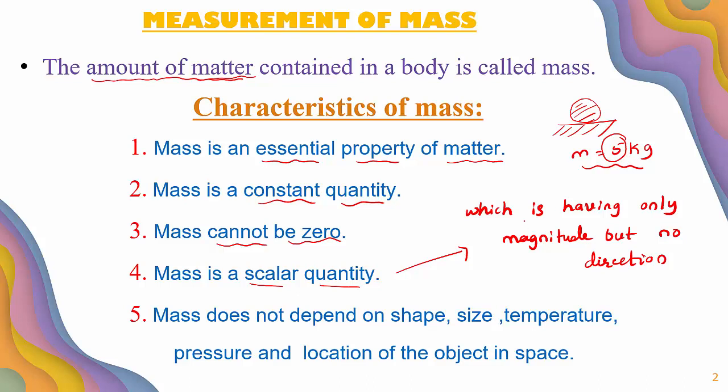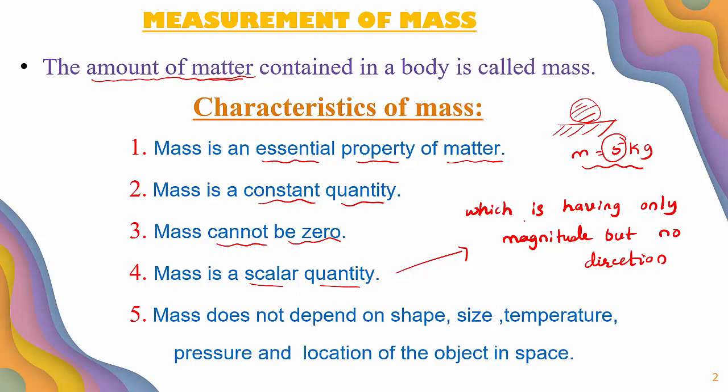Whether the mass is having any direction? No. You can keep the object in any direction. The mass is always constant. It is not having any direction. So that's why mass is a scalar quantity. What do you mean by scalar quantity? The quantity which is having only magnitude but no direction.